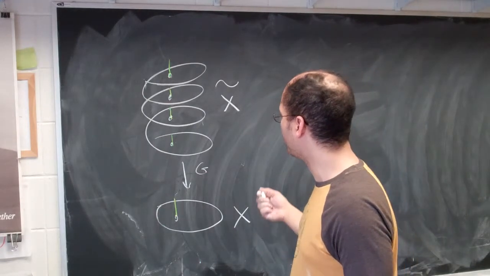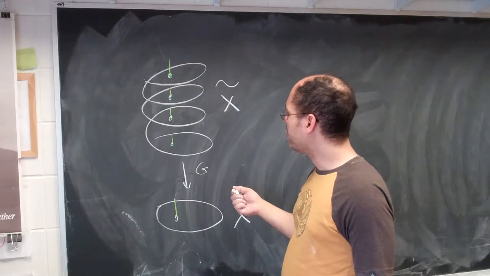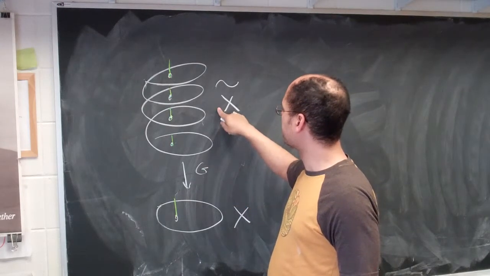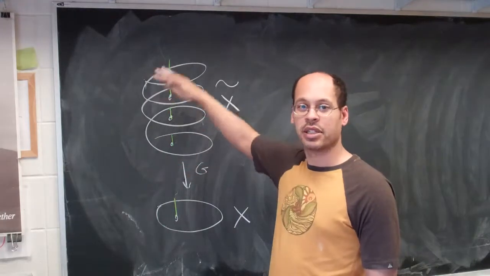More strongly, what we really want for descent data is we would like the group of deck transformations, which a priori just acts on x tilde, to in fact act on the entire family.